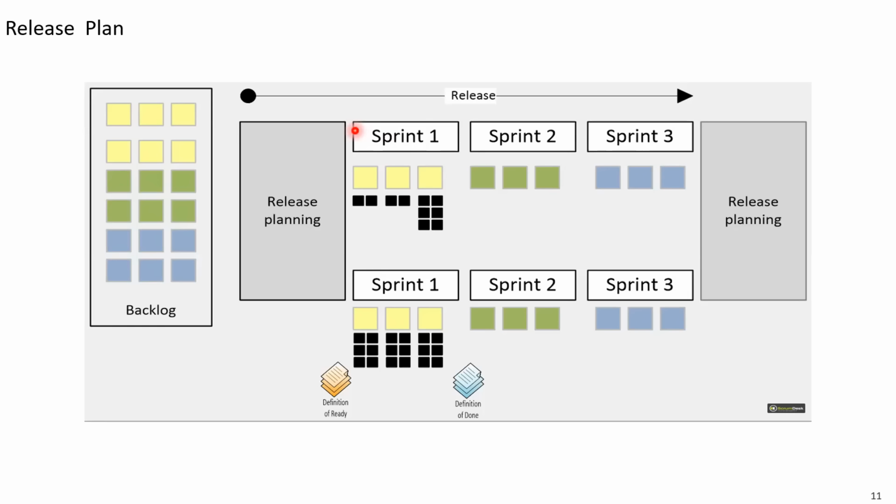So, we have 3 sprints. Every sprint has a goal. The goal of a sprint is minimum working functionality to be delivered in a sprint. And at the end of the sprint, we validate whether the working functionality we have created is working as per the expectations of the key stakeholders.